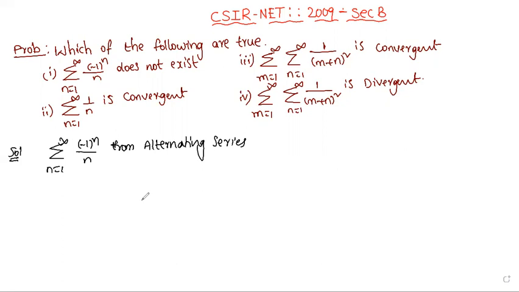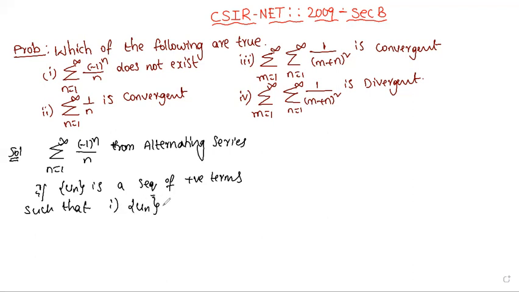From the Leibniz test, the statement is: if the sequence un is a sequence of positive terms such that it has two properties, that is, the sequence un is a decreasing sequence and limit n tends to infinity un is equal to 0.